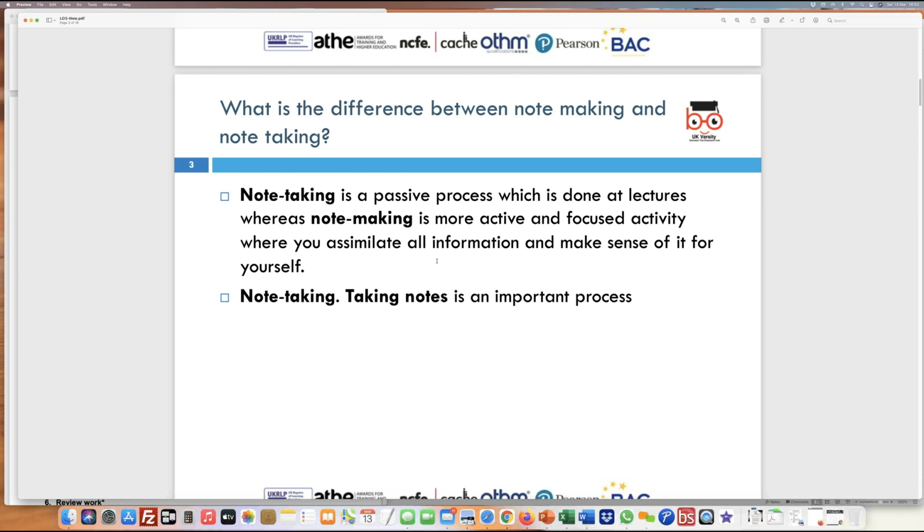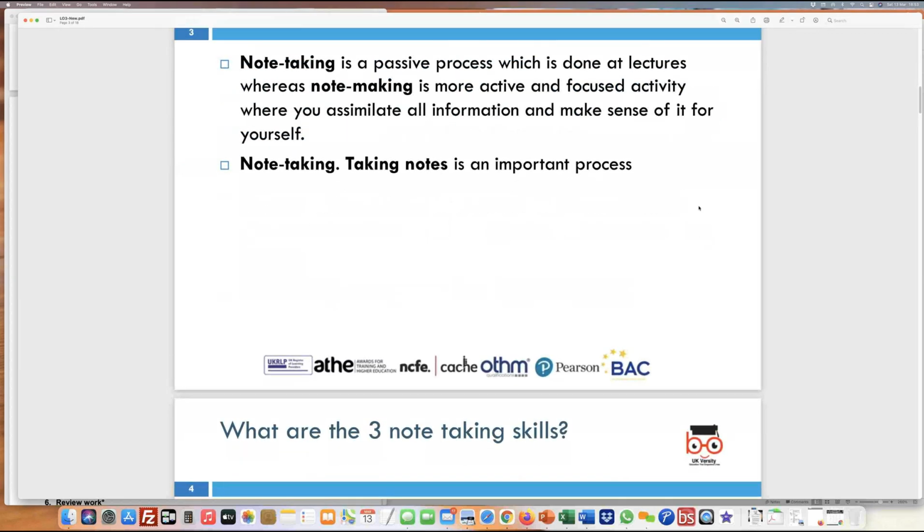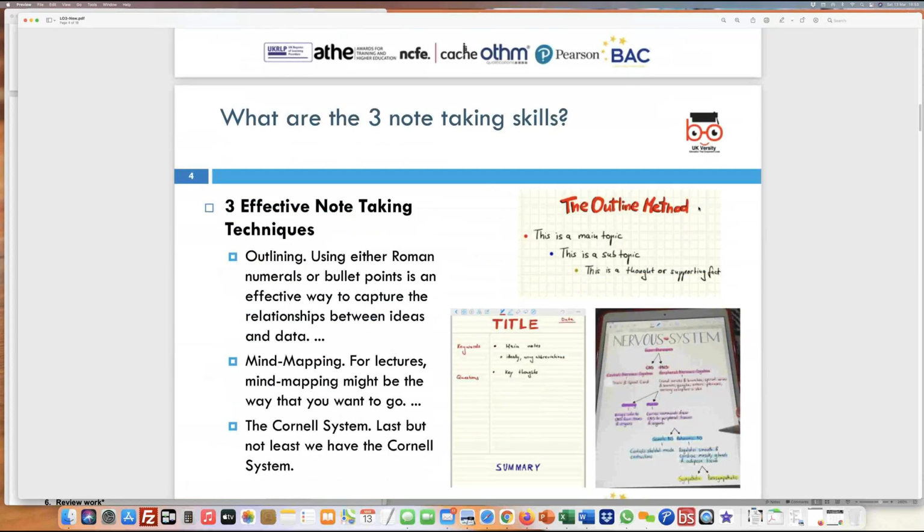But if you're listening to a recording, you are listening to a recorded lecture, and with that recorded lecture, what you're trying to do is make notes, and that in that case would be passive listening. So when you listen to a recording and then you make notes, that process would be called note making. You see the subtle difference between note taking, which is a passive process wherein you are not actively involved, but when you are making notes by listening to something which is currently going on as an activity, then in that case, that process is going to be called note making.